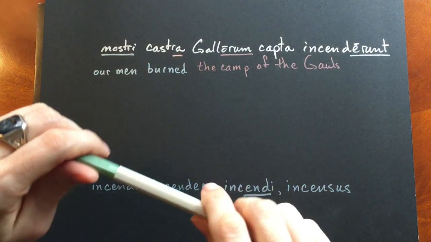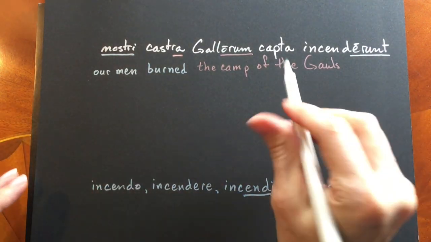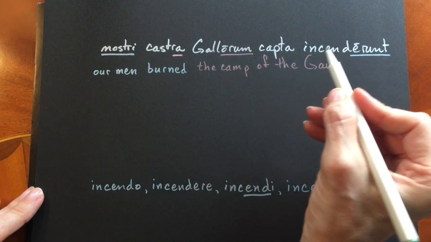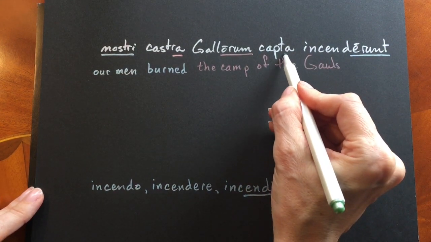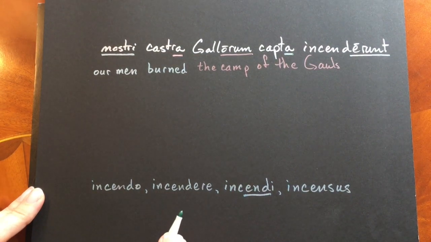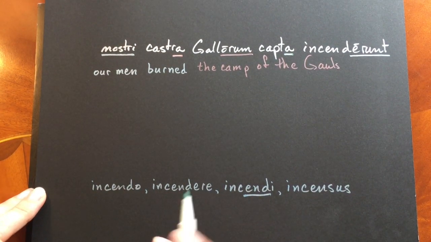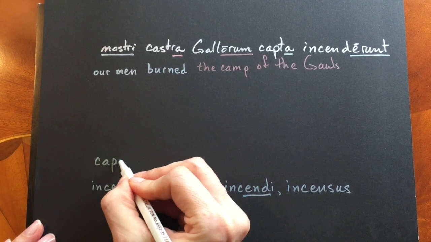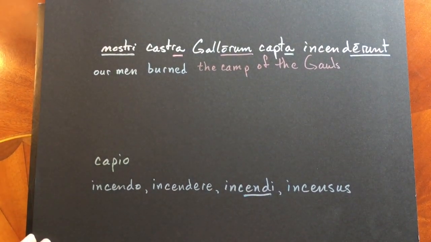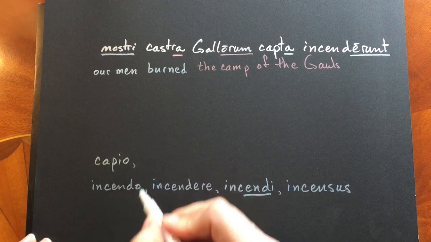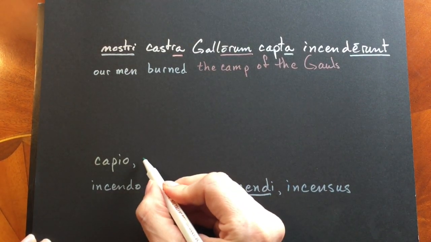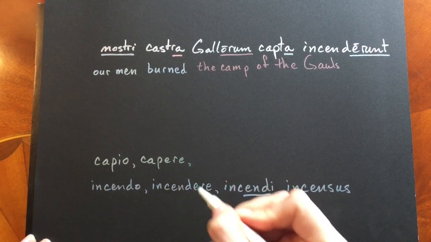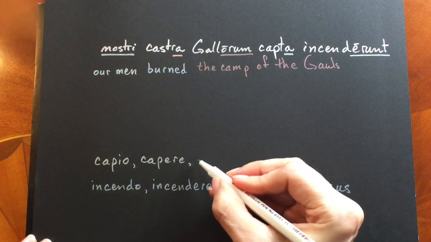We have one word left, capta. This is our participle. We can see that it has no verb ending. This comes from the verb capio, I capture, I seize. Capere in the infinitive.